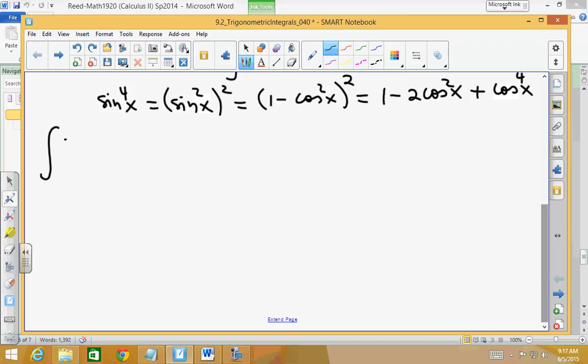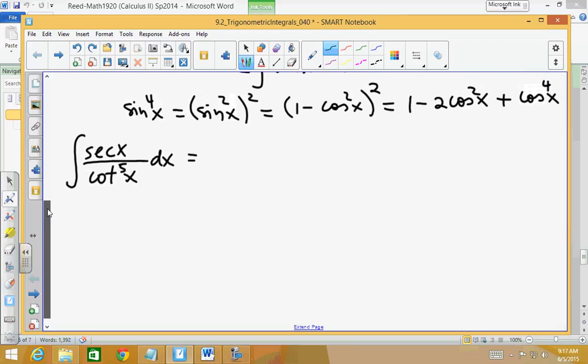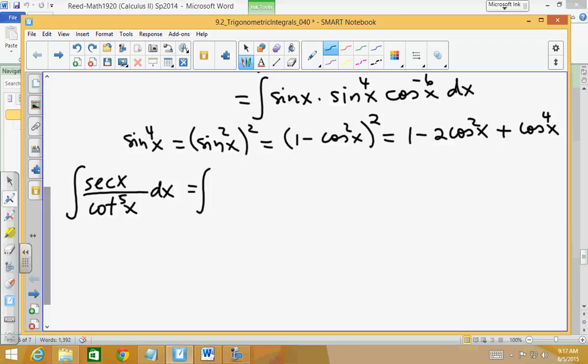Now, replacing sine to the fourth x in the integral, we obtain the integral of sine x, times the parenthesis 1 minus 2 cosine squared x plus cosine to the fourth x, all this times cosine to the negative 6x dx.